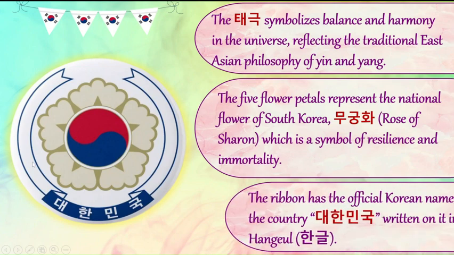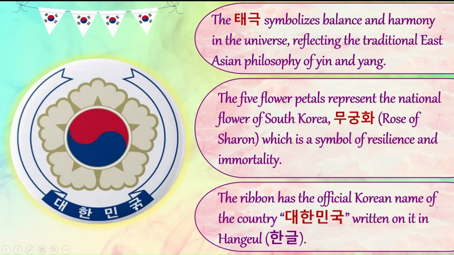Next comes the ribbon that is present beneath them. This ribbon has the official Korean name of the country, 대한민국, written on it in Hangul. Hangul is the Korean script. Okay, so the name of the country, Republic of Korea, in the Korean language is 대한민국. Here this ribbon is kind of encircling these flower petals. Okay, so this is the symbolism of each and every element present in the emblem.